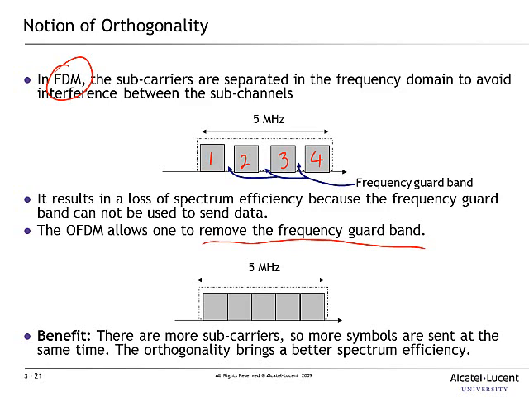Okay, so it's just like if you have a group of people standing, if I put a gap between each one of you, then I can only fit maybe 1,000 people inside this room. Now, if I get one person to stand behind each other, so there are no guard bands in between, then I can pack more people into this room. Okay, so that's the basic idea.